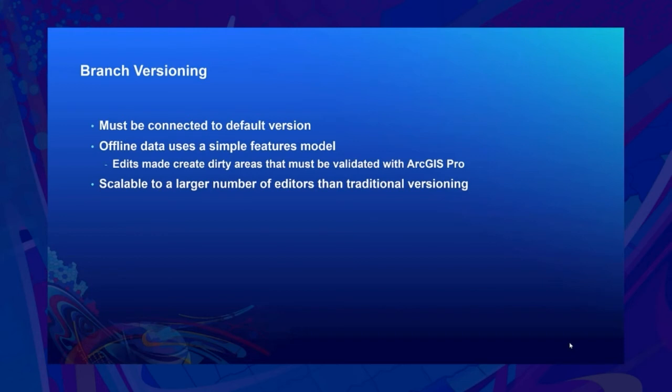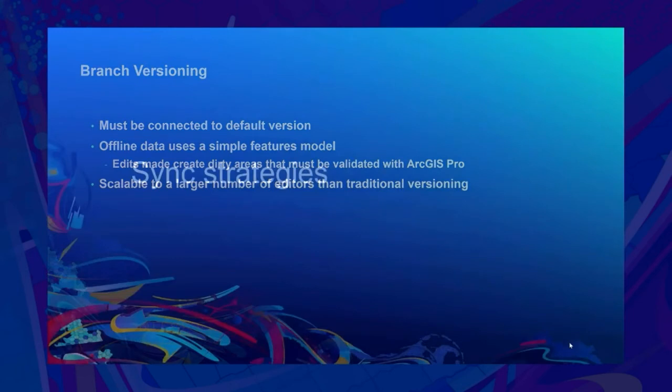The offline data uses a simple feature model, but there is an overhead here because edits that are made in the field create dirty areas that must be validated with ArcGIS Pro before they can be brought into the main system. The approach does scale really well to a larger number of editors, and certainly more so than the traditional versioning models. And as I said, this versioning model works well for utility networks and workflows such as that.